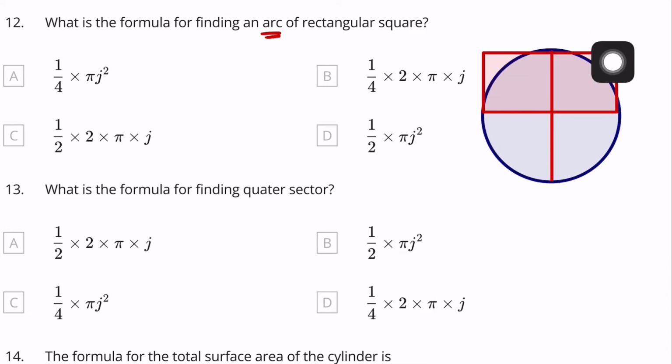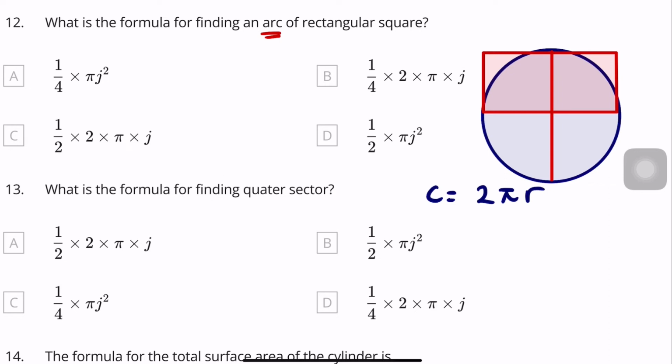For the whole circle, the circumference is 2 pi r, with r the radius. If you want to find only this part, this is actually 1/4 of the circle, right? So you need to times 1/4. Which gives you the answer B.